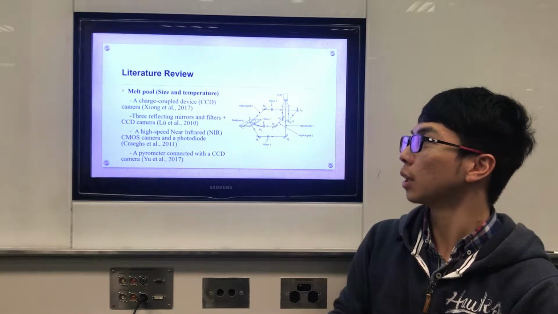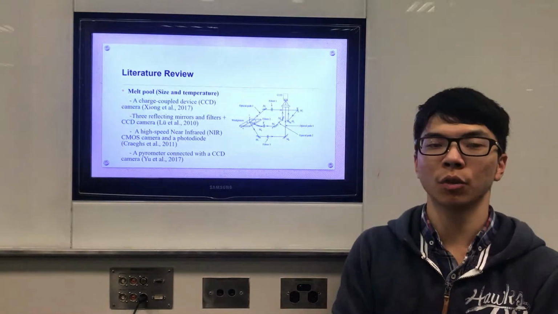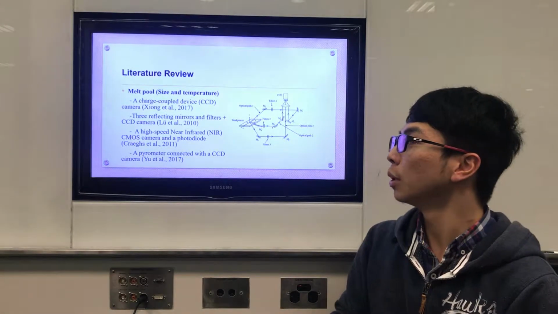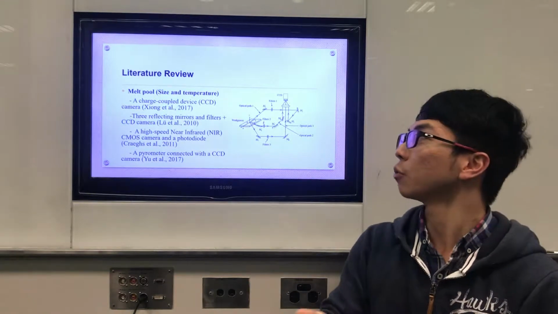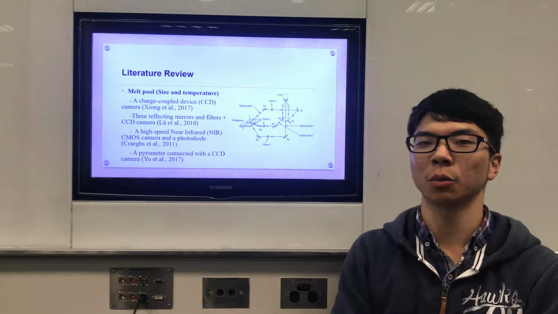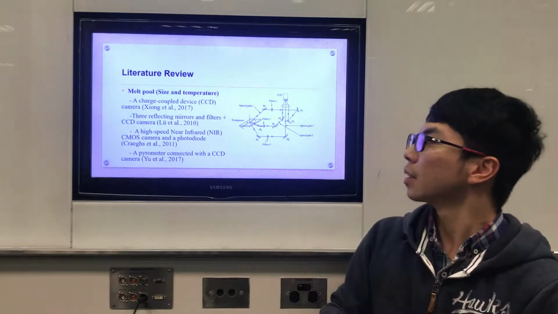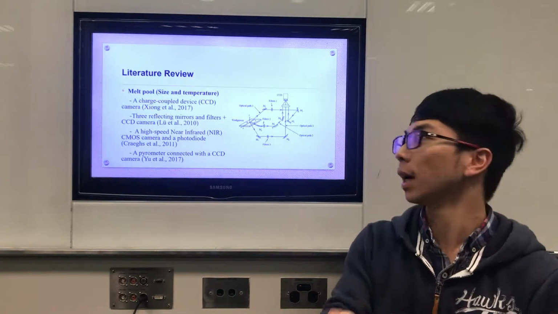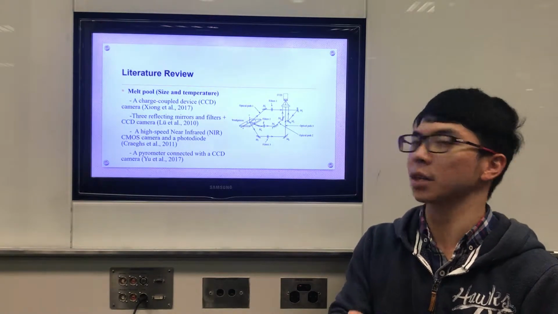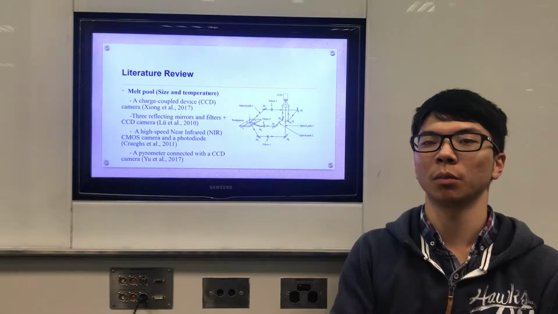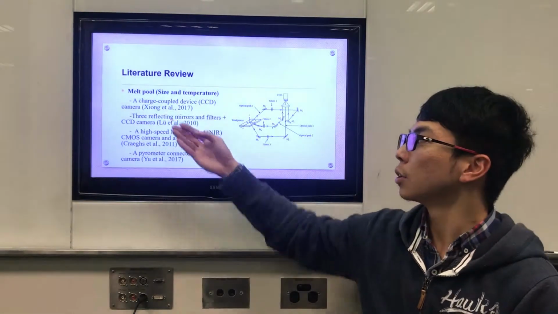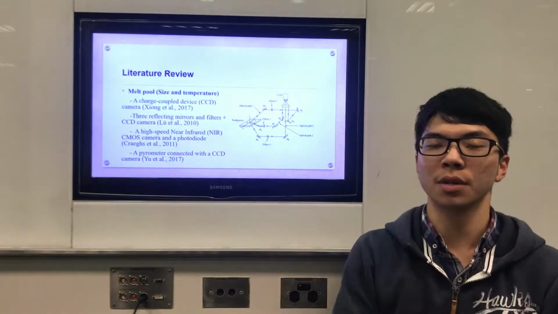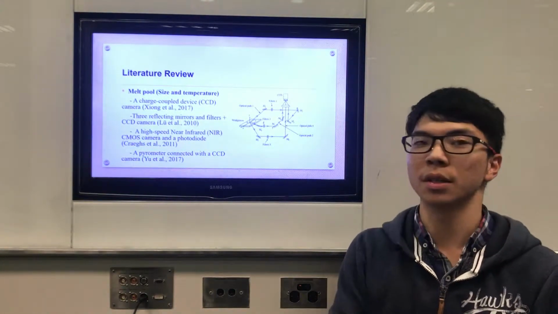So here comes the literature review. The first object is the weld pool, and there are 2 parameters that need to be measured. The first one is the size, and the second one is the temperature. Sean applied a charge-coupled device camera to measure the size of the weld pool, and to improve on this, Lu used 3 reflecting mirrors and filters plus a CCD camera.